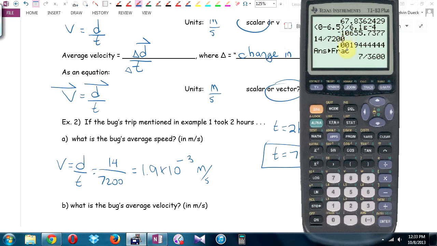That there would be 1 centimeter per second. This right here is in millimeters, so it's going almost 2 millimeters every second. Just slightly slower than that. It's a bug. Didn't say it was a beetle. Could be a slug. Could be a snail.